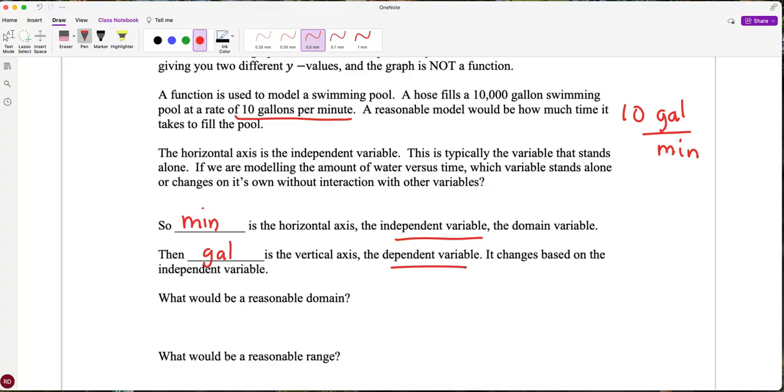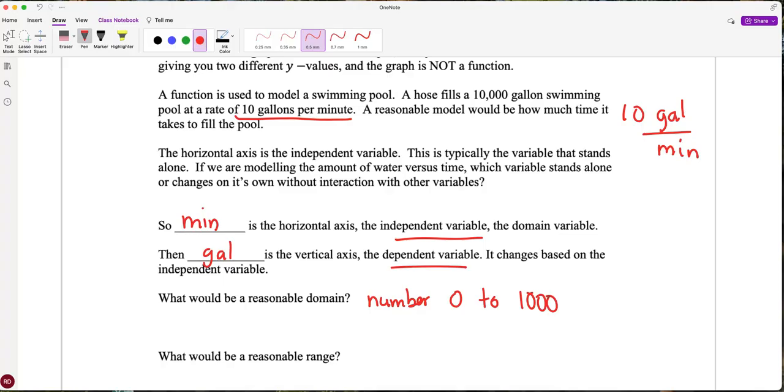Numbers from 0 to 1,000. That's the domain of this function. The reason it's not 2,000 is, what would have happened if I waited 2,000 minutes? Yeah, the pool would already be full. So in this problem, that's a reasonable domain.